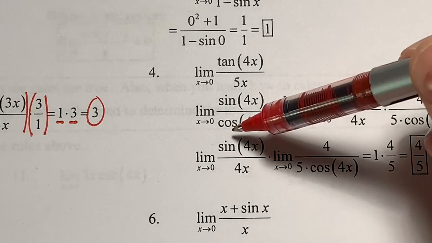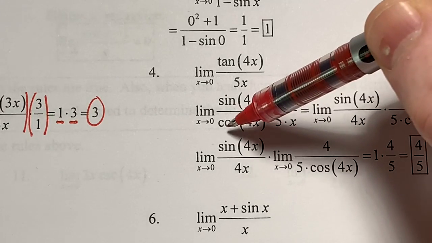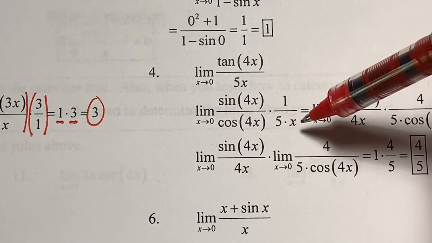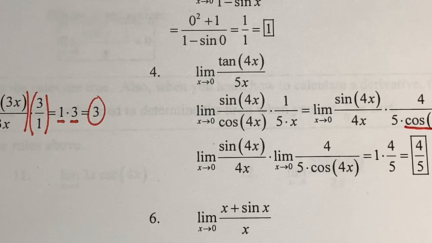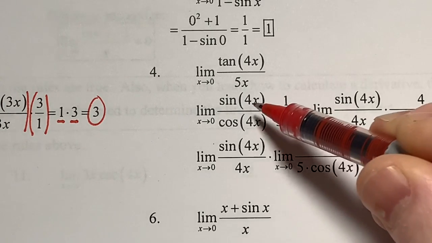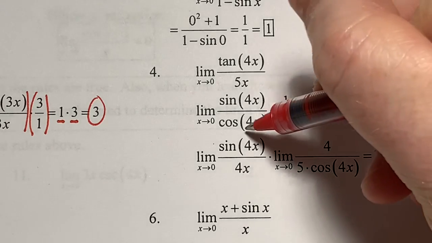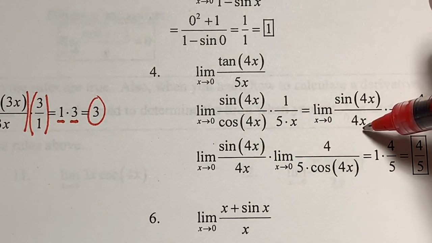Now, at this point, I am going to take the cosine of 4x, and I'm going to slide it over to the right where this fraction is, and you can see me do that here. And I'm going to take this x, and I'm going to put it under the 4x. So the cosine of 4x slides over, and then the x slides over here, and that gives me that.